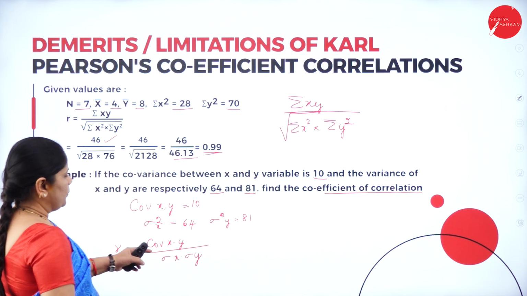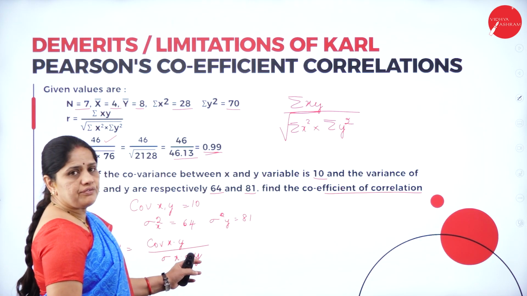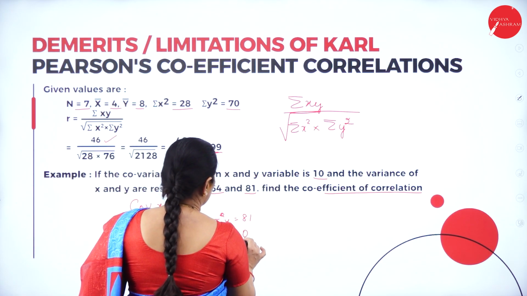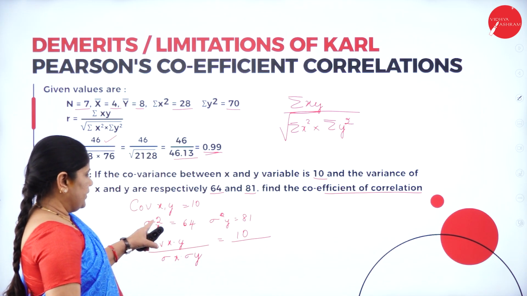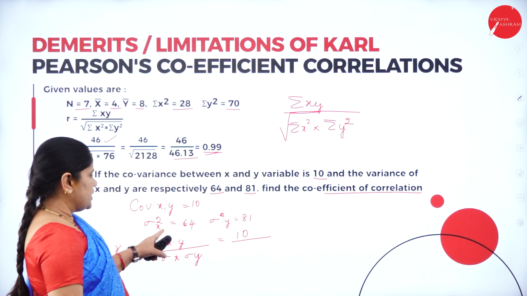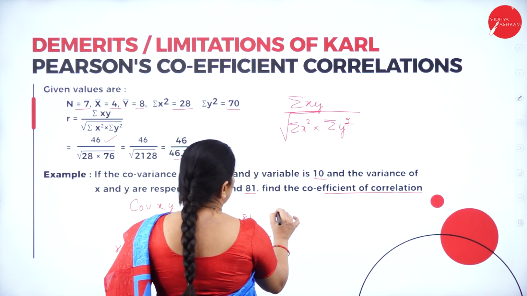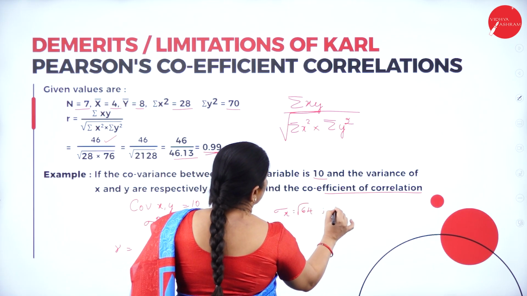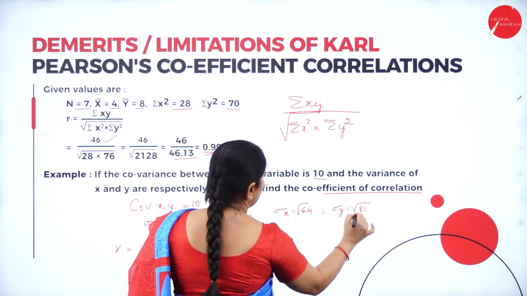So, we have the covariance of x and y divided by standard deviation of x into standard deviation of y. This will be equal to 10 divided by, now the variance, that is the standard deviation the whole square, equals 64. So, the standard deviation of x will be root of 64 and of y root of 81.